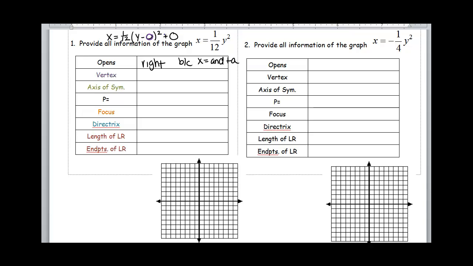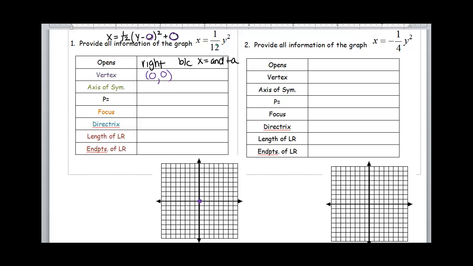My vertex, again, remember, is going to come from these two values here, the 0 and the 0. Now again, normally the x value of my vertex comes from the outside, what's added, and the y value comes from what's inside the parentheses with the y. Normally it's the opposite sign, but since 0 is neither positive nor negative, we're just going to have 0, 0. At this point, I would go ahead and plot your vertex on your graph.